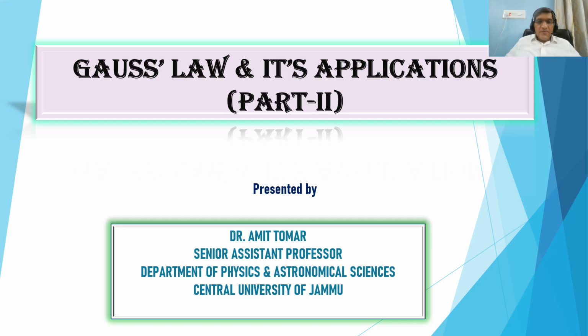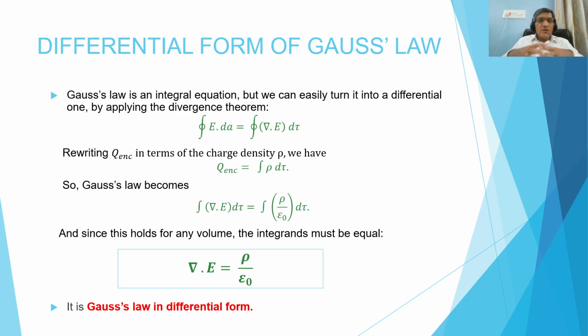So let's start. Here is the first PPT, and as we all know, it has some important points regarding the differential form of Gauss law, which is del dot E equal to rho upon epsilon naught. As a starting point, I have to explain some basic terms: rho is the volume charge density and E is the electric field.